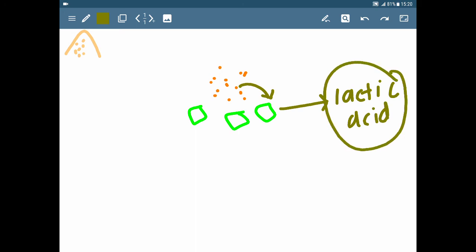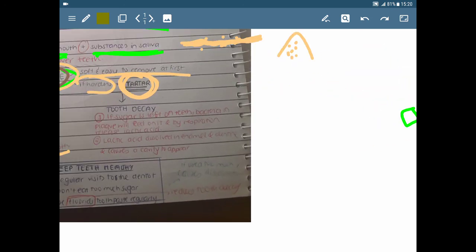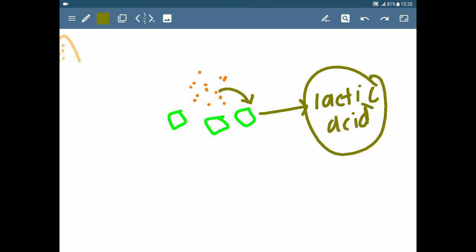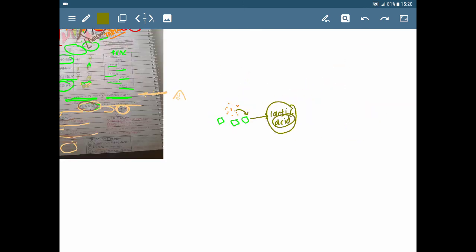As I previously said, enamel is the hardest substance produced by animals in general. This acid can get through enamel, can get through dentine, and can go into the pulp cavity. It can also damage the pulp cavity. That's why it's really harmful.